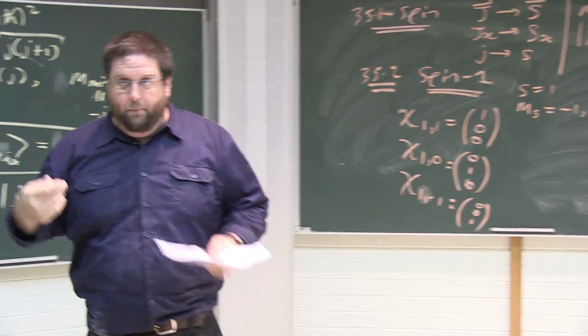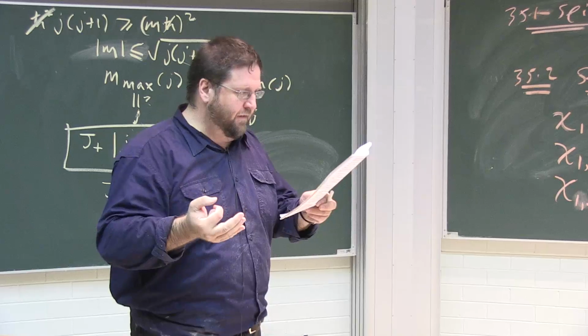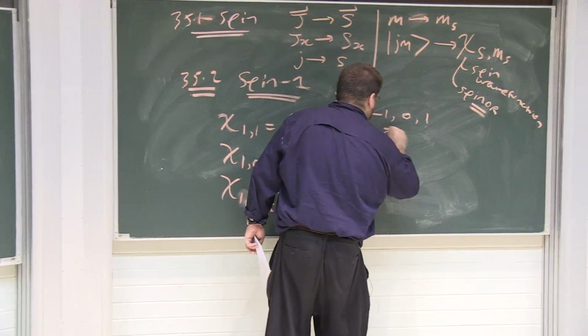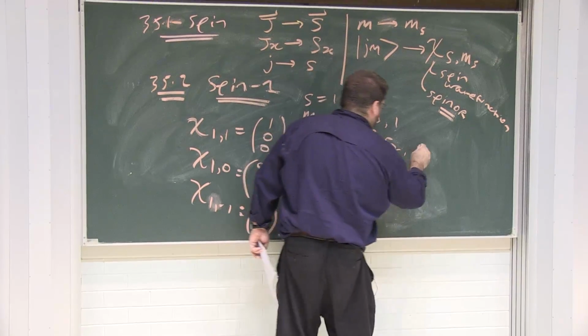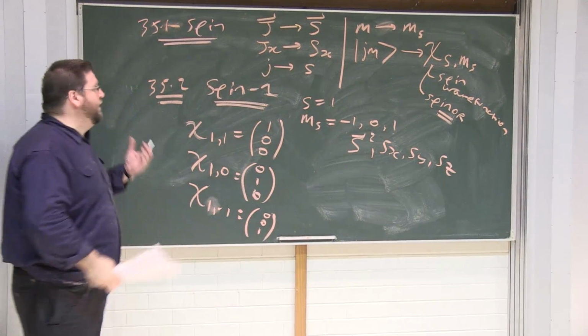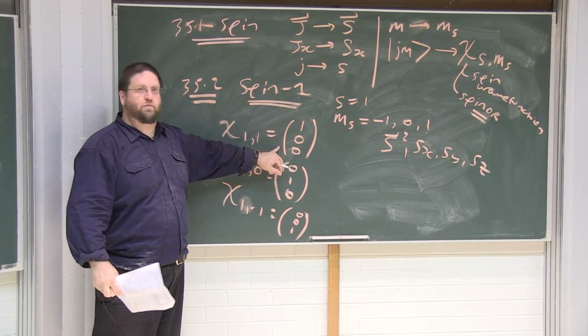We could write down matrices for our various operators, such as S squared, Sx, Sy, and Sz. These spin operators, for the theory of spin 1, are going to be acting on 3 component vectors.